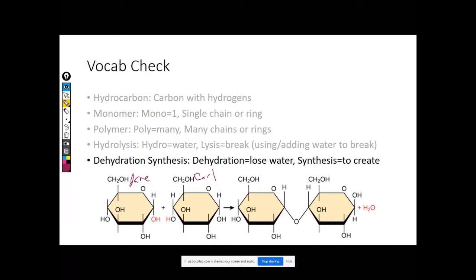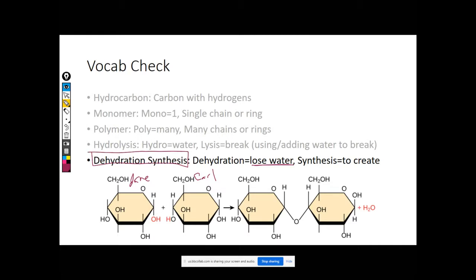So if you have smaller compounds and you're going to make a bigger compound, you do what's called dehydration synthesis. Okay, so think dehydrate, we're going to lose water. Okay, we're going to pull that water back out. Synthesis, right, to synthesize means to make. The other way I remember this is dehydration synthesis is 2 words.